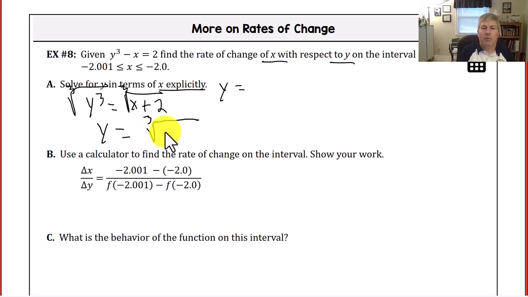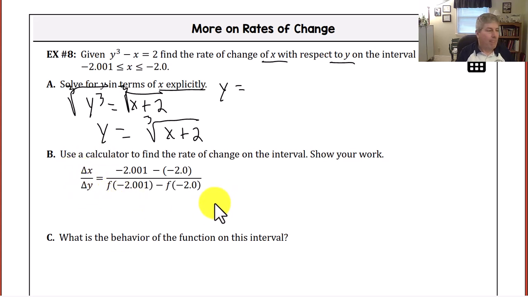Then it says use a calculator to find the rate of change on the interval that we're asking for, negative 2.001 to negative 2.0, and then show your work. But now remember, they're asking for the change in x over the change in y. So we flip our slope equation here, which is interesting.